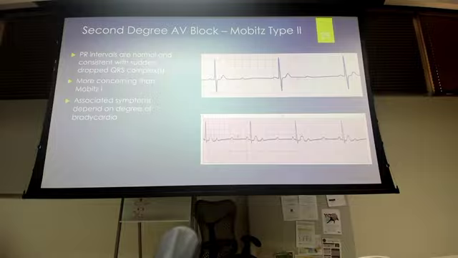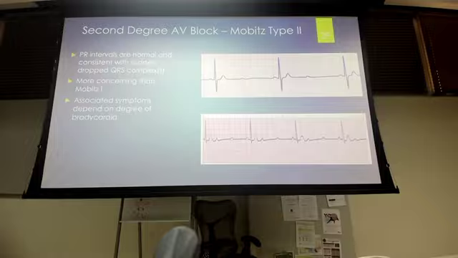Here we have a P, QRS, T, and then a P wave and another P wave. Again, these P waves are marching out, but we don't have a QRS complex here or here. P wave, QRS complex with a T, P without QRS, so no ventricular depolarization, only atrial depolarization. Something at the AV node is completely blocking that depolarization.